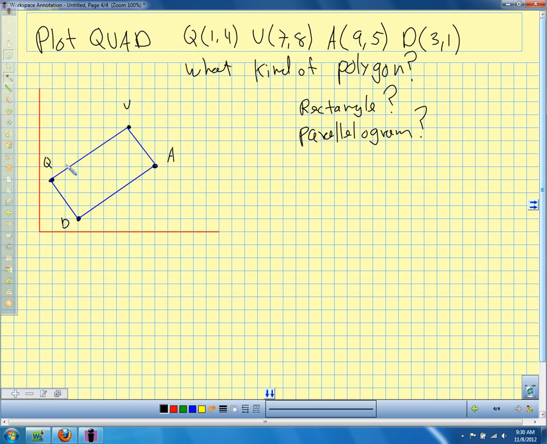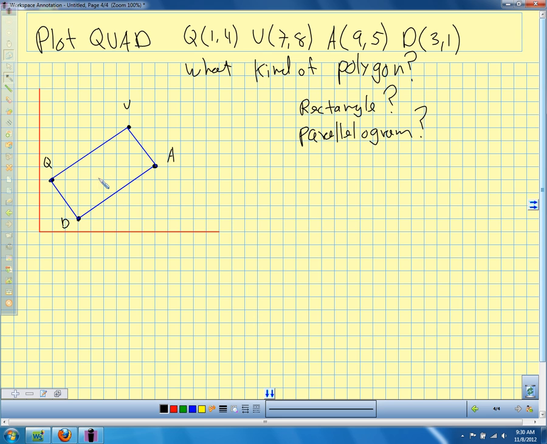If the slopes of two sides are negative reciprocals, then those two sides make a 90-degree angle. If the lengths of the segments are the same, that would tell us that the opposite sides were the same length. So we need to figure out all of that if we wanted to decide if this were a rectangle.